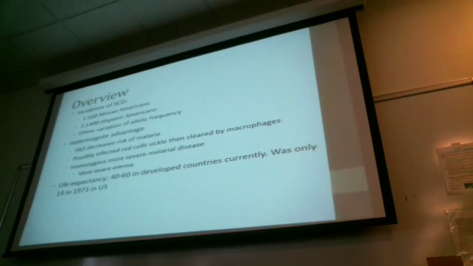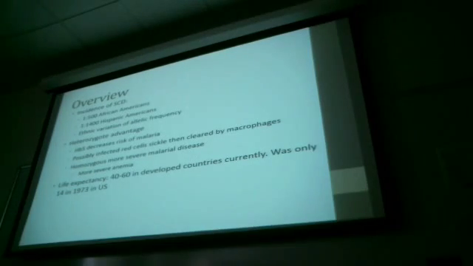So overview, and this is the incidence in the United States of sickle cell disease. So we're looking at 1 in 500 people who are of African American descent, and 1 in about 1,400 of people who are Hispanic American descent.